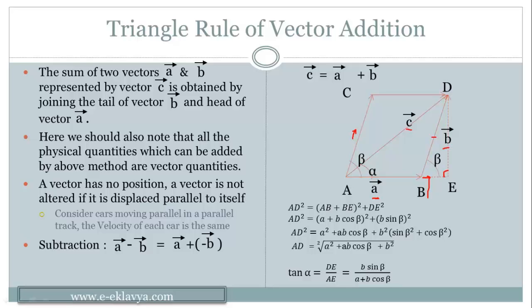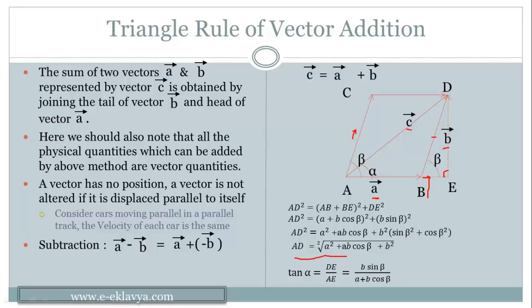So the other part, DE, is the resolution of vector B along the y-axis, which is B sine beta. So with simple math, you expand the squares and you get the resultant formula.